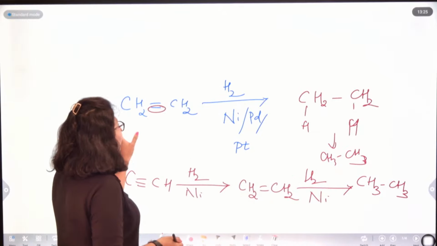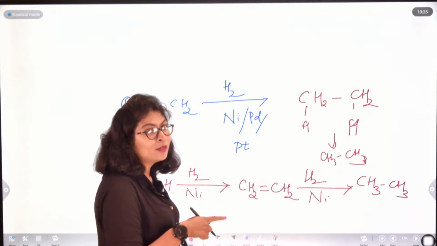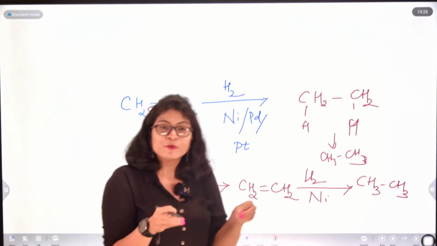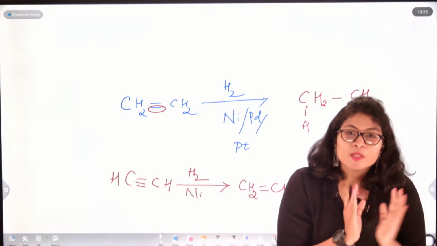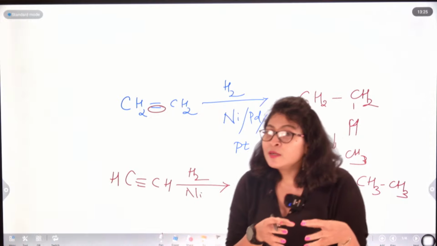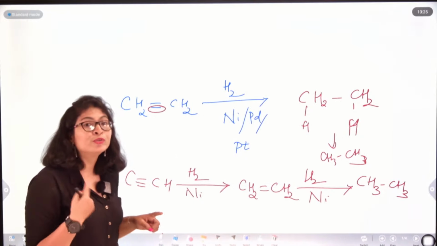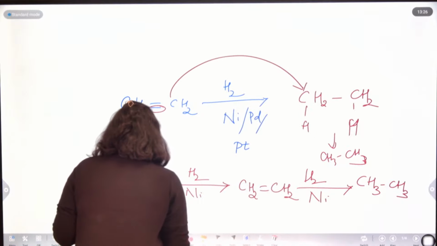So the process of addition of hydrogen is called hydrogenation only if an unsaturated compound is changing to a saturated compound. If by the addition of hydrogen I am converting an unsaturated compound to a saturated compound, that process is called hydrogenation.